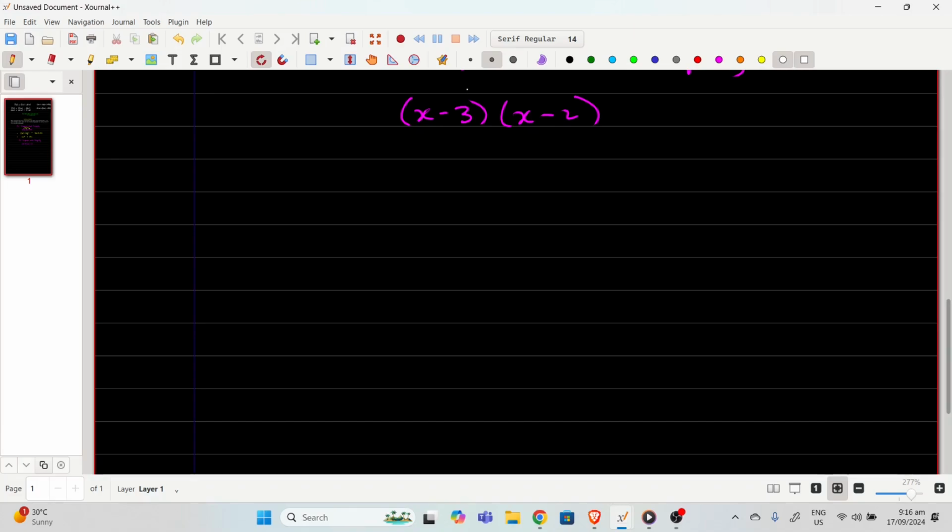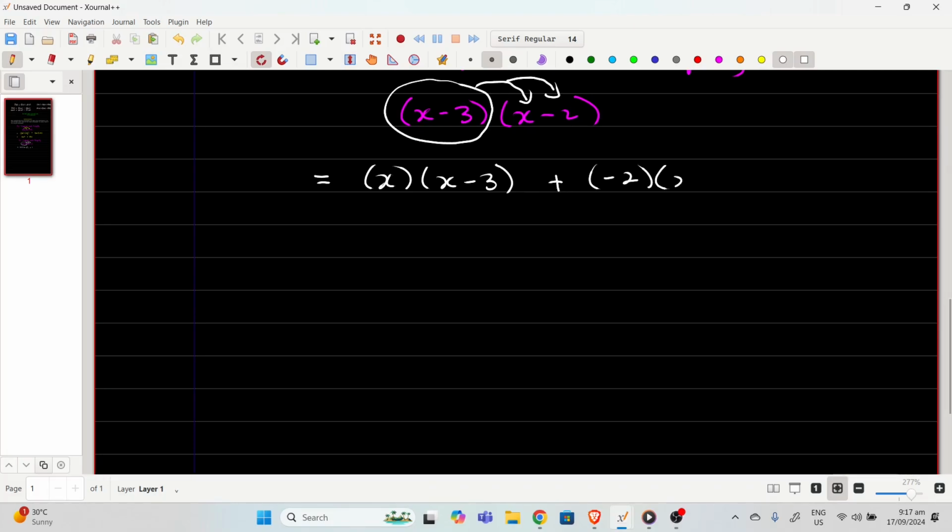So we're going to take this entire thing here and multiply it by the first term and then multiply it by the second term. So you'll get something looking like this. You have the first term here multiplied by this x minus 3, adding to the second term, which is the negative 2. So negative 2 into x minus 3.